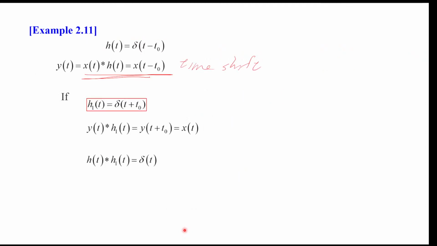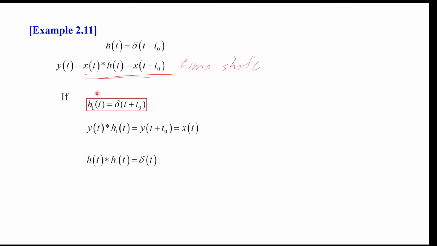Okay, and here we have an example. Our system is very similar to the identity channel, and it's called a time shift channel. Instead of the response being just the delta function, the response is the delta function with a time shift, delta of t minus t0.